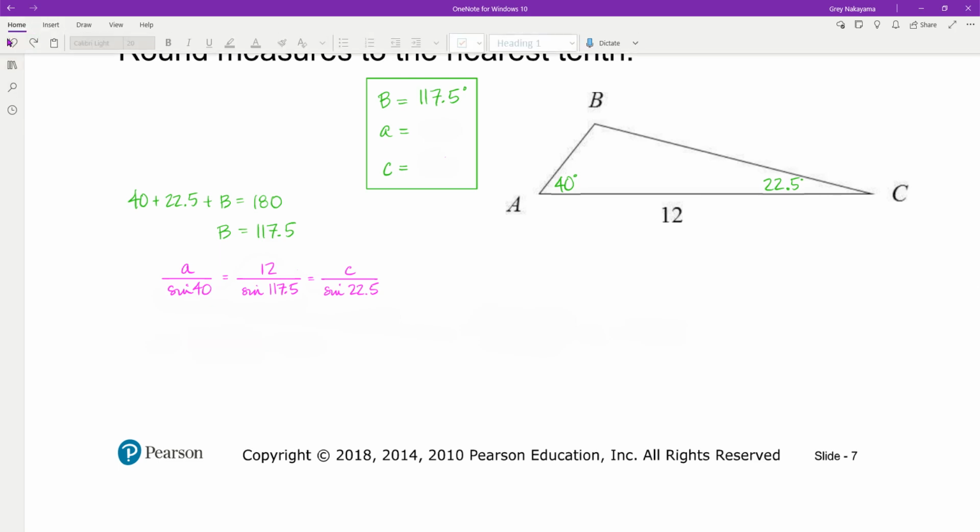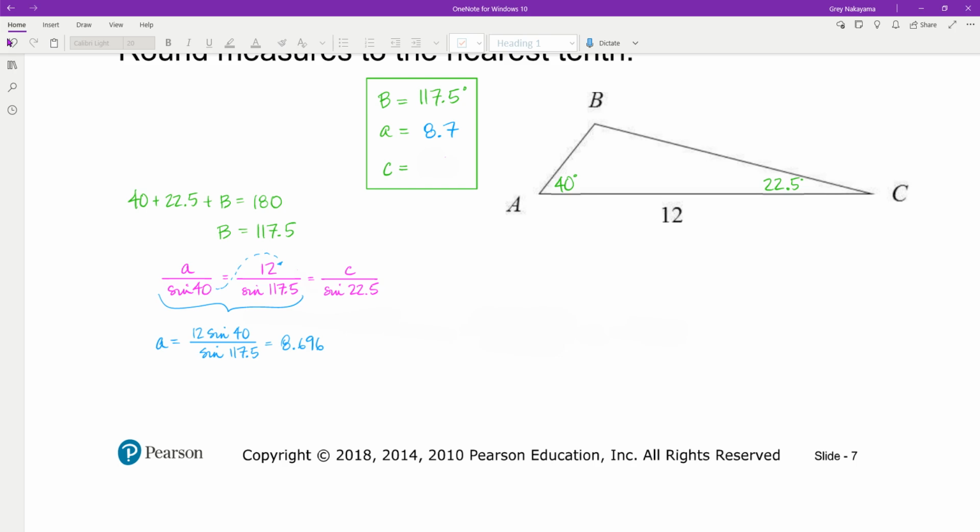All right, so I'm going to use this proportion right here. And if I'm solving for A, I'm going to multiply by the sine of 40, which means I just have to move that guy over there. And so A equals 12 times the sine of 40 divided by the sine of 117.5. Punch that in your calculator and you get 8.696. So my answer in MyLab Math is going to be 8.7.